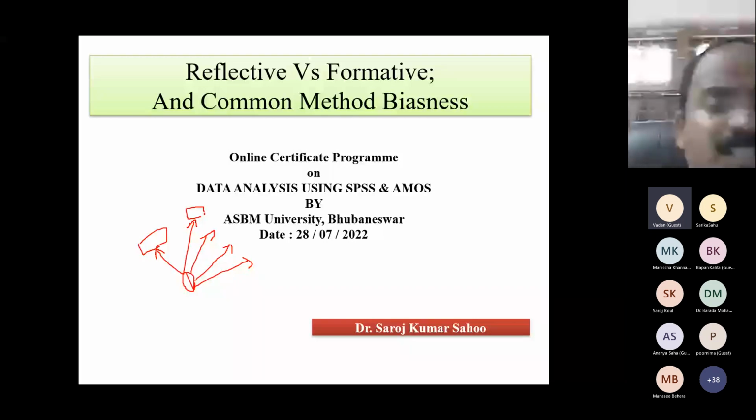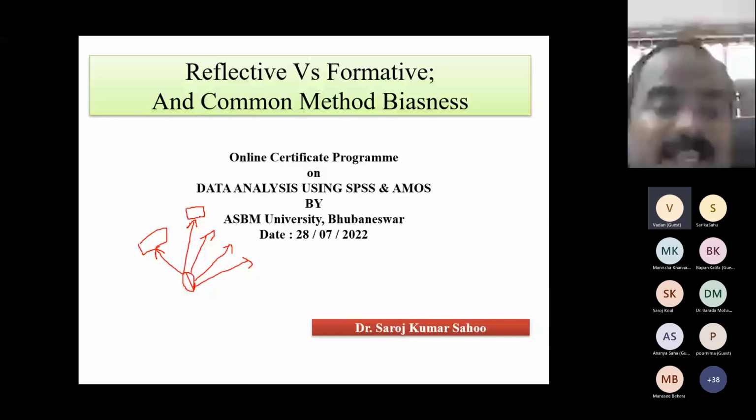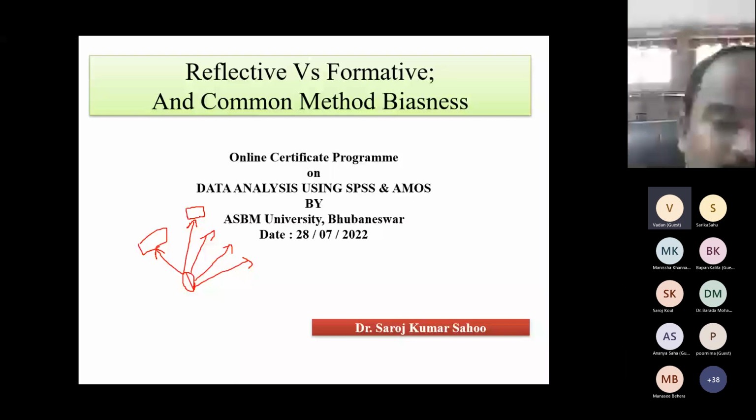So this is reflective in nature. What is that? Reflective in nature is saying that the construct is measured by the indicators. That means the construct is reflected through the indicators.